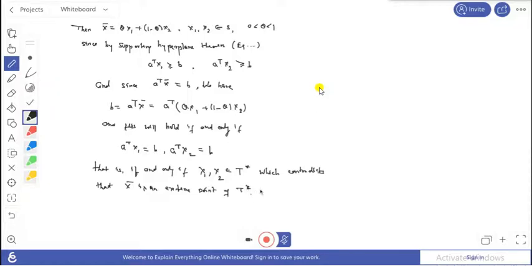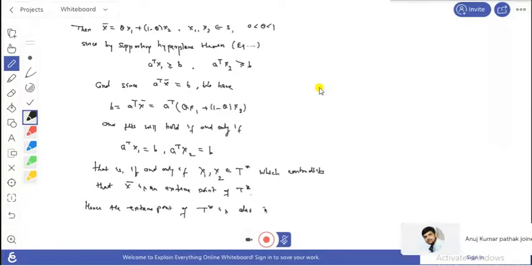So finally, hence the extreme point of this T star is also an extreme point of S. Okay, so thus your theorem is true.